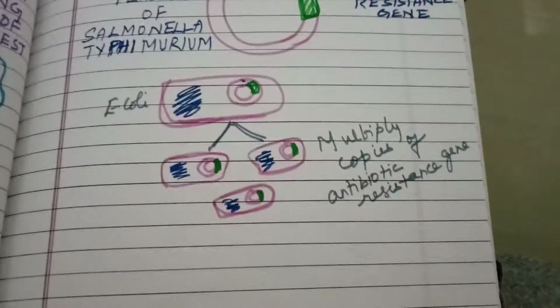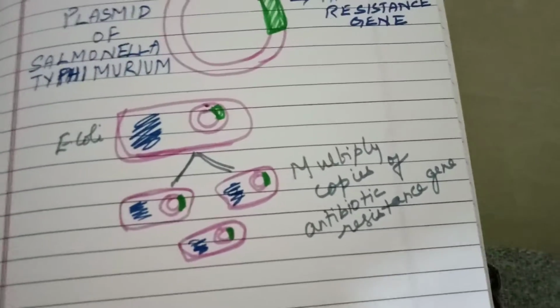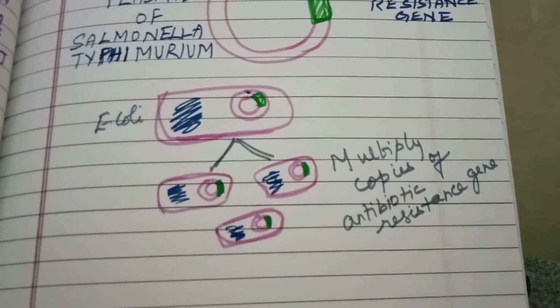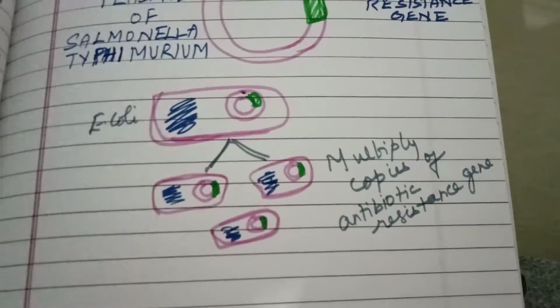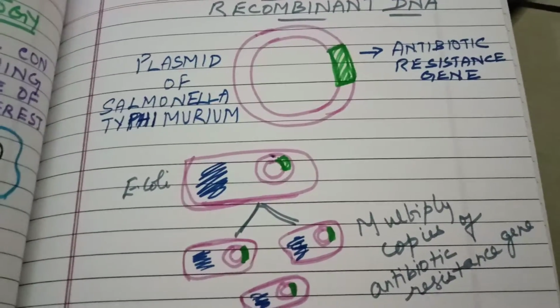This makes a new recombinant DNA encoding the antibiotic resistance gene.